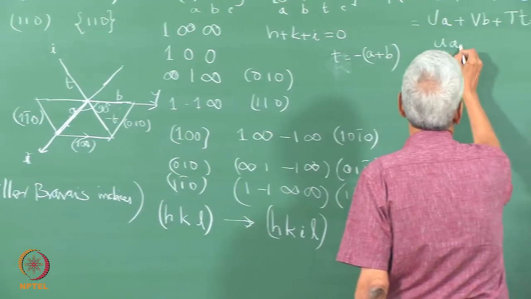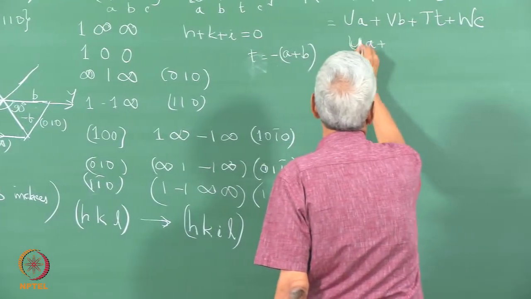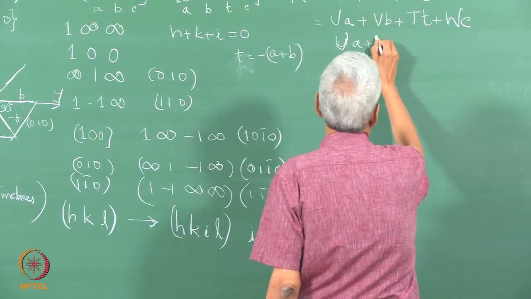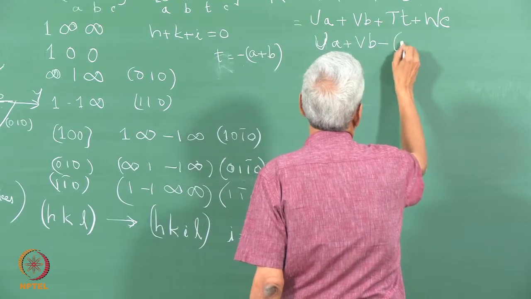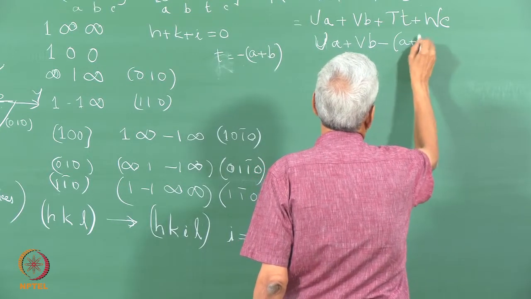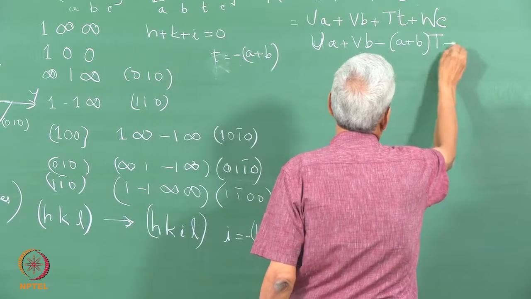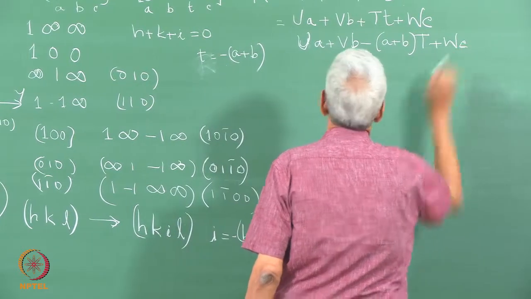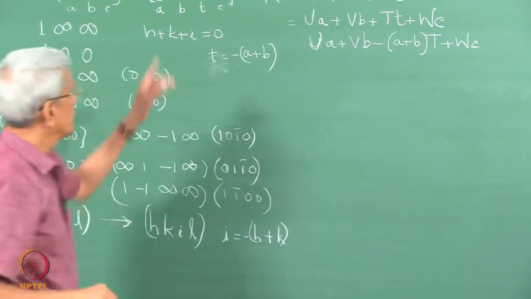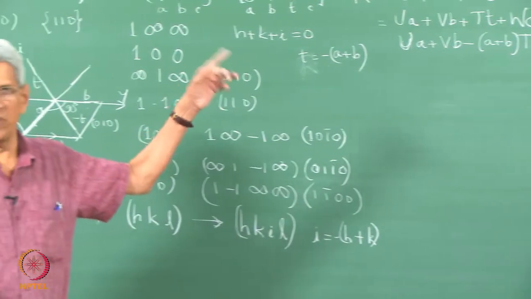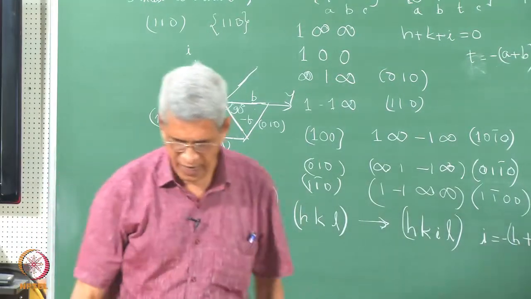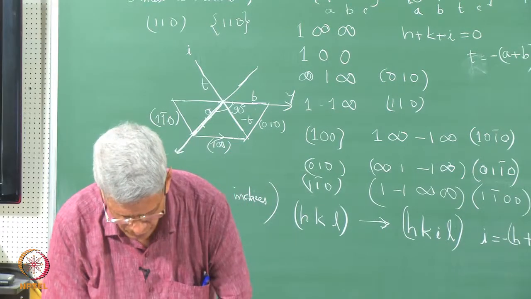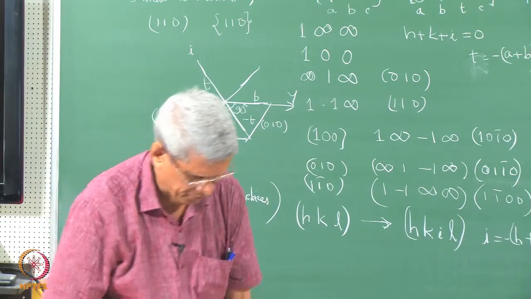Then U into A plus V into B minus of (A plus B) into T plus W into C will come. Now we have A, B, C, and we can find the coefficients of A, B, C, and that will give rise to the expression.